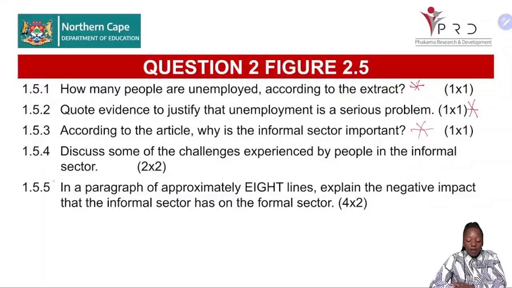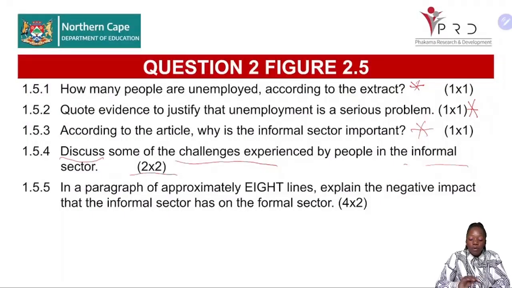Then your 1.5.4, discuss some of the challenges experienced by the people in the informal sector. Again, you are not told how many responses, but by looking at the mark allocation, you realize that you need 2 responses.